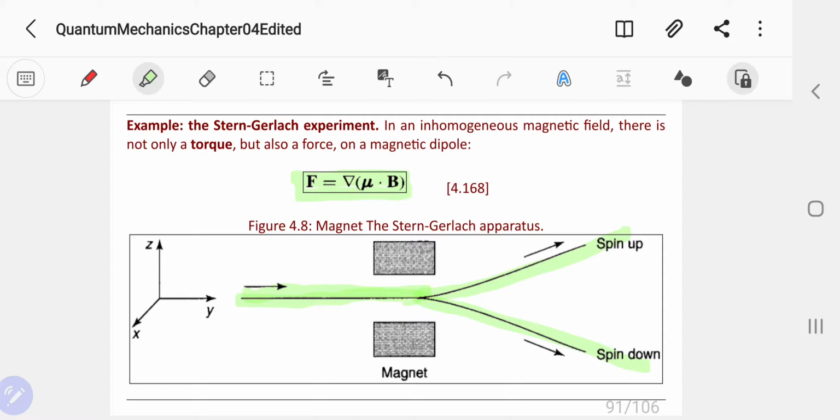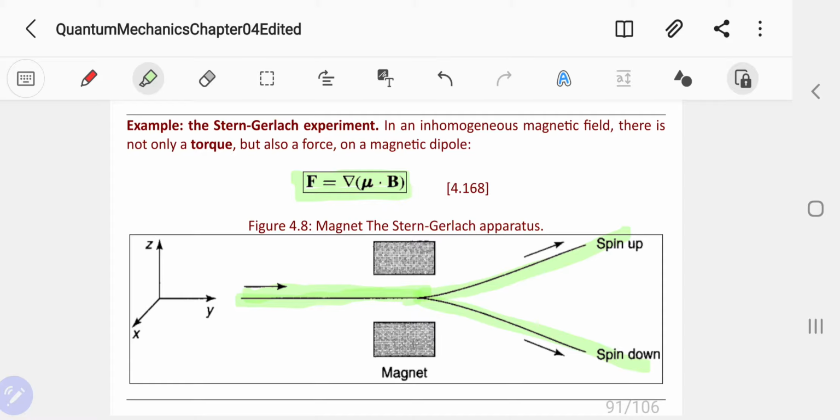They will split up, spin up and spin down. For example, if you have an electron beam, but if you have other beams with other spins, it will separate into a band where the bands will have a difference of h bar, or an integer difference in spins.